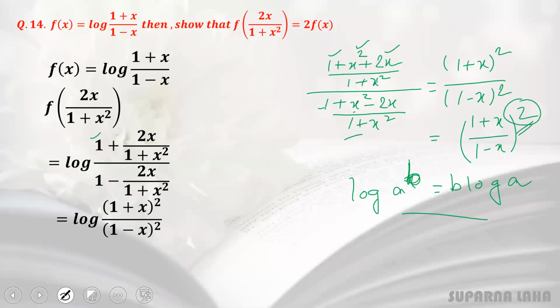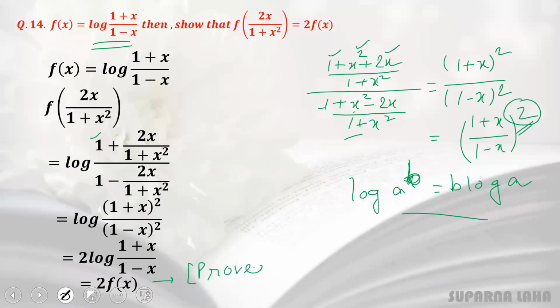This is the power term, so that is 2 log of 1 plus x by 1 minus x, and log of 1 plus x by 1 minus x is again f of x. That is 2 into f of x, and that's what we needed to prove. So write it down, proved. Clear? Just put the value and simplify and use some properties of functions or log, whatever you need, and you will easily find this value.